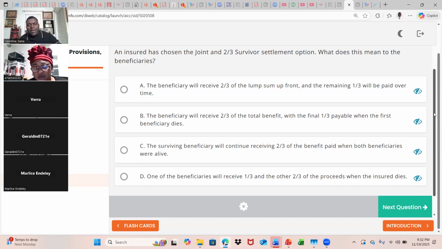But when the first party dies, they will continue to pay a certain proportion to the second person until the second person dies. So which answer do we think is the right one here?